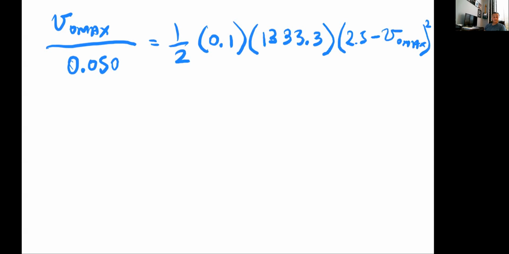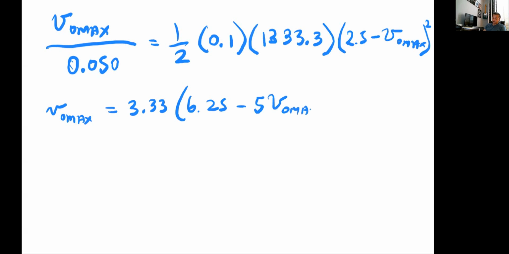Okay. So if I multiply across by 0.05, I get that VO max is equal to, times 6.25 minus 5 VO max plus VO max square.